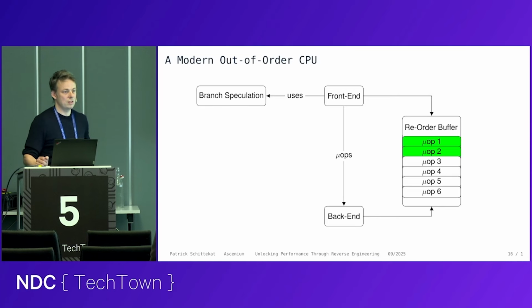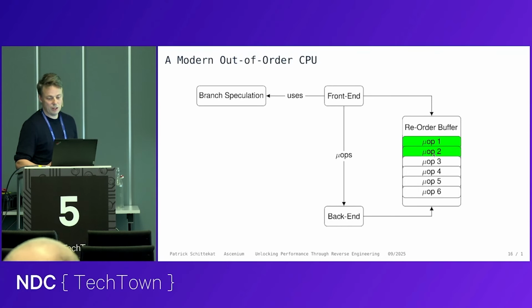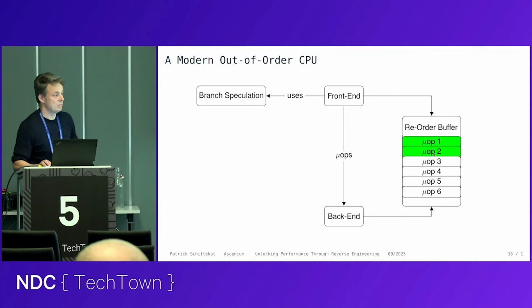So these micro-ops in the buffer are what we speculate will happen. But at some point you know they actually needed to happen, and then they're green. And you can only retire things that are green if everything above them is green. That's why it tries to fill up until it actually knows the data and knows that you were correct, so when all the branches are resolved.